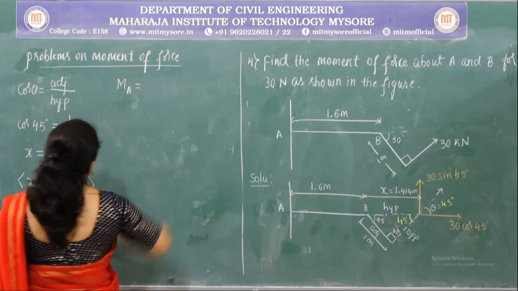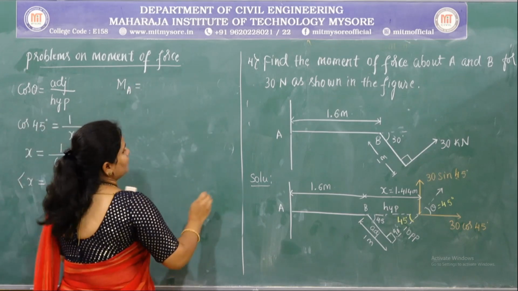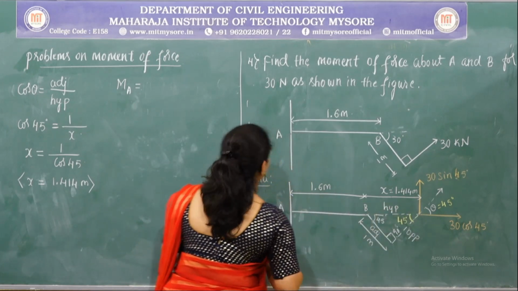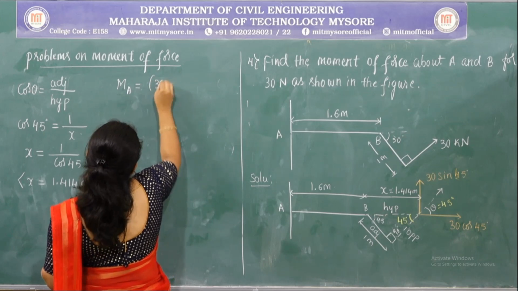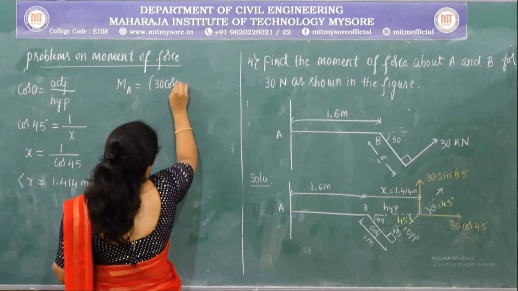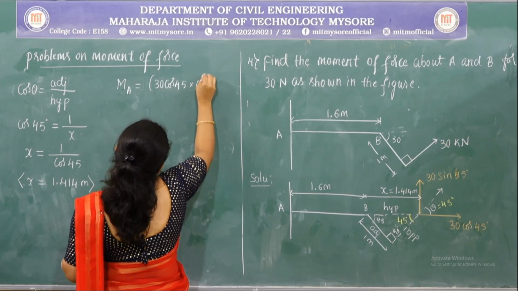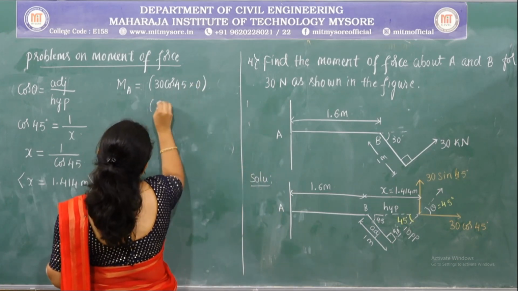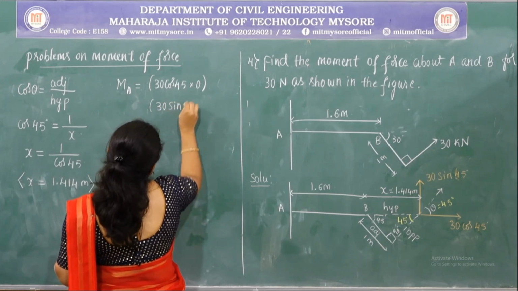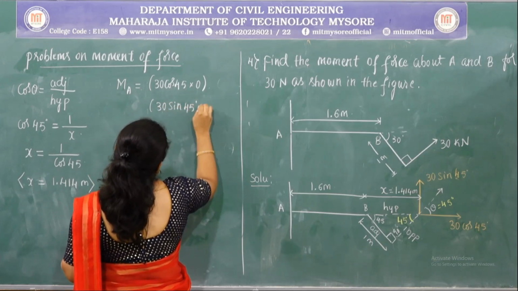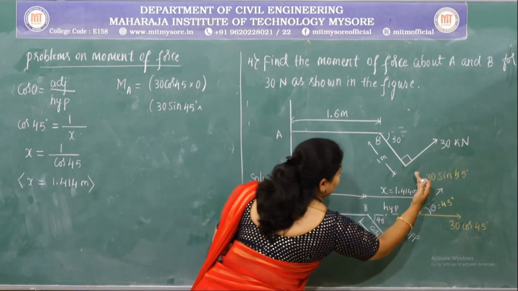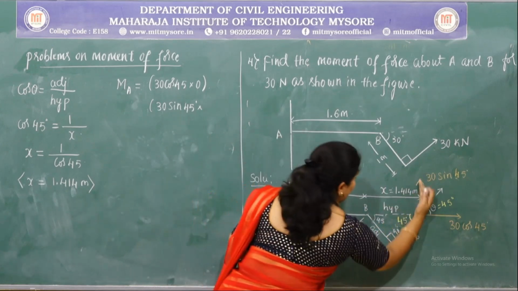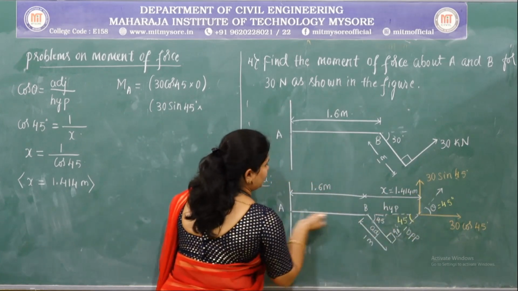Now we shall find out the moment about point A first. Moment about A is equal to, again the x component of the force and the point are in the same line, hence the moment produced by that force is directly 0. Now consider the y component. The magnitude of the y component is 30 sine 45, and the perpendicular distance between the line of action of the force and the point. Here is the point, this is the line of action of the force, this will become the perpendicular distance.